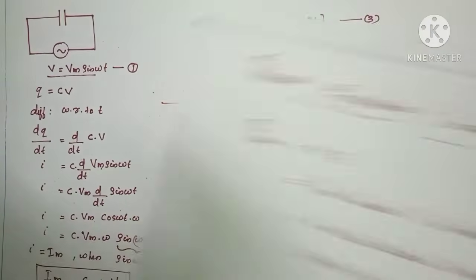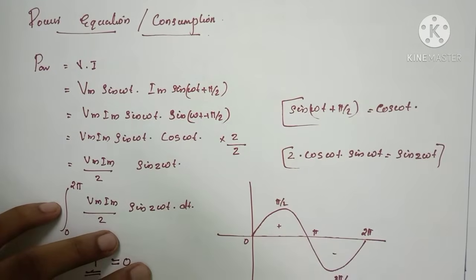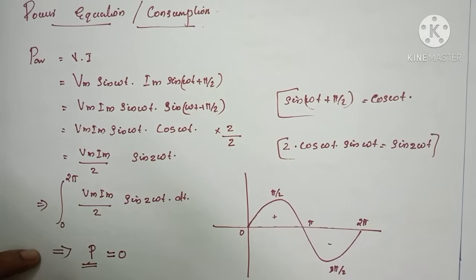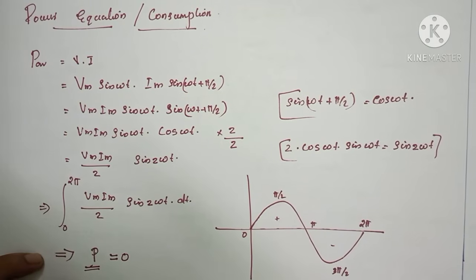And the next important point is power. The average value of power will be 0 in a pure capacitor. Not only in the case of a pure capacitor, but in the case of a pure inductor and pure capacitor, the power consumption will be 0.